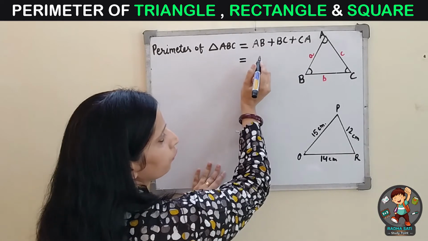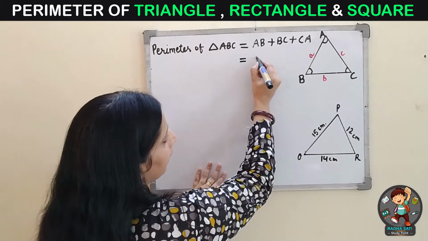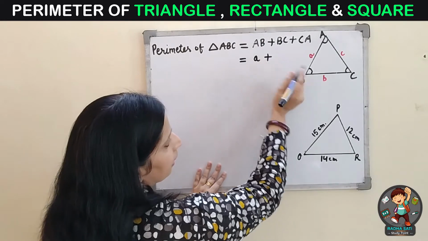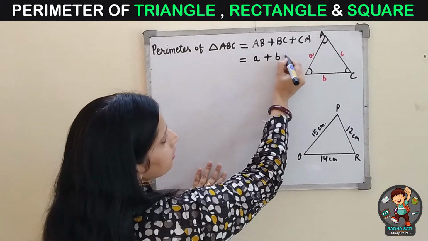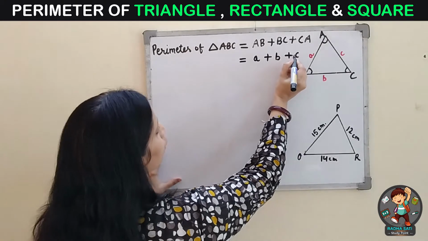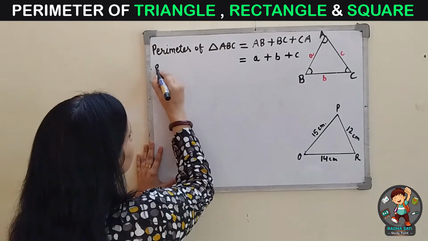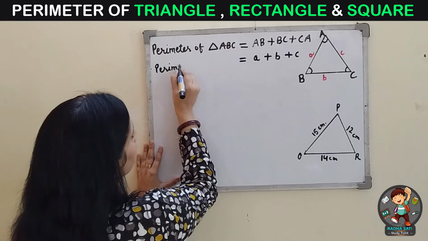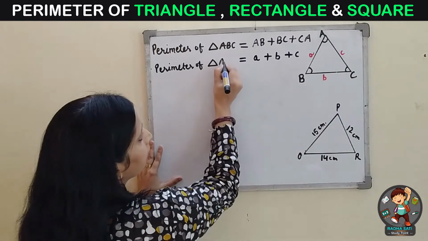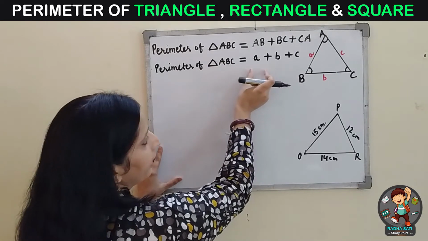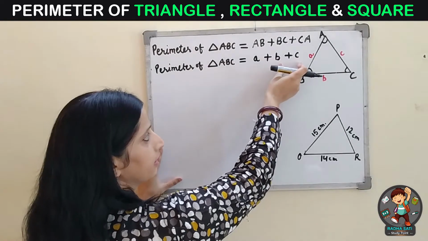The length of AB is a, the length of BC is b centimeter and the length of CA is c centimeter. So the perimeter of triangle ABC will be a plus b plus c.